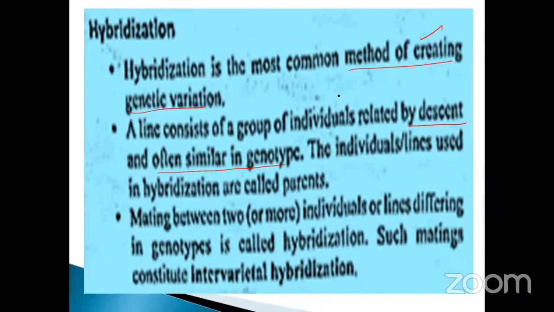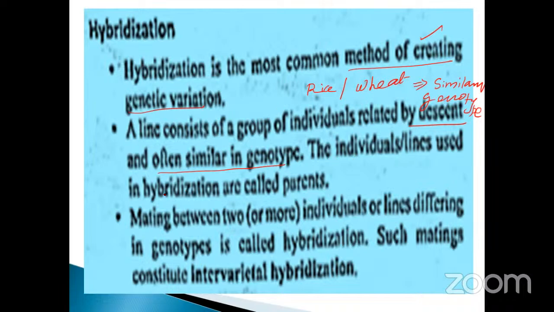We are selecting the rice or wheat, whatever it may be, which possesses similar genotype. Similar, that is very, very important. Then only hybridization is possible. Suppose if it is not similar, what happens? Hybridization is not possible.